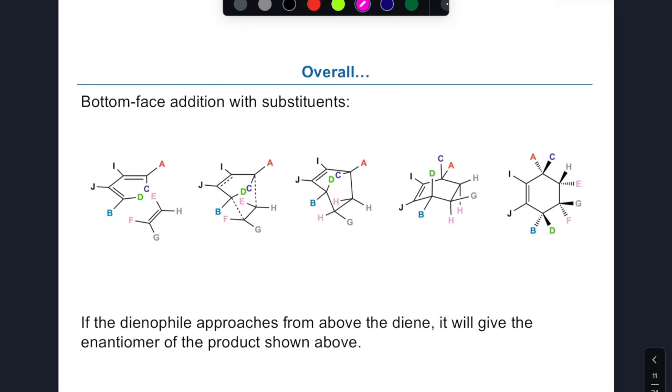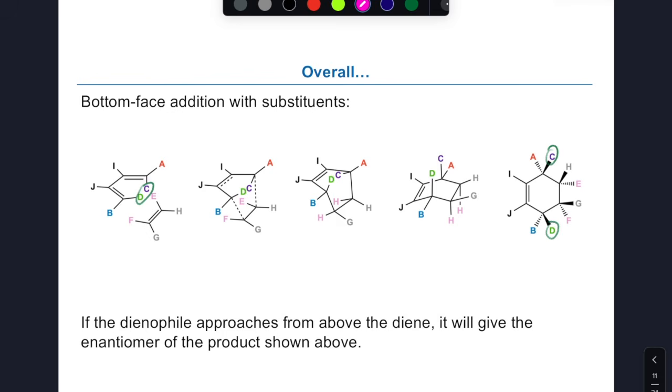So overall, if I now put all the groups present, so imagine that, let's say it was tetrasubstituted. I'm just presenting it here so you can see, based on the color coordination, where the relative groups end up. Coming in from the bottom, the two interior groups shown here will always end up in these two positions over here, both syn to each other and both as a wedge when viewed from the top.